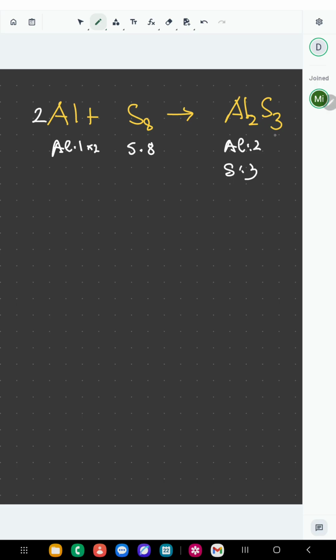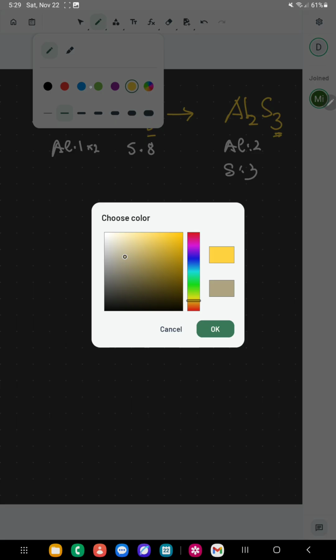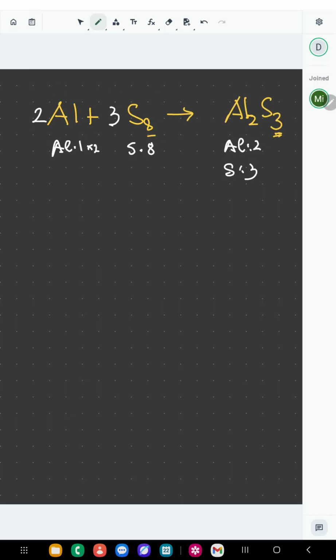How are you going to balance this? Because 3 is prime, you should change that to something that's not prime. Or you can do it like this: since you have 8 here and you have 3, to make a multiple of 8 and 3, you multiply 8 by 3 and 3 by 8, so just multiply here. Yeah, like that, so it will be easier.